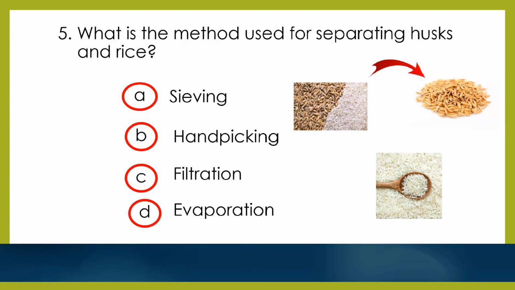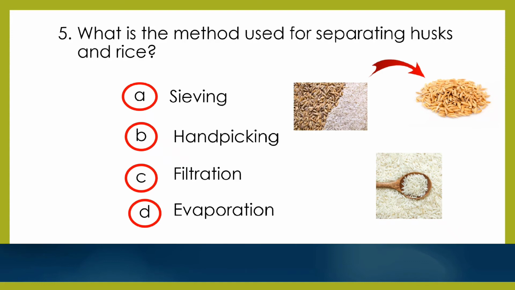We have letter A, sieving. Letter B, hand picking or manual picking. You just use your bare hands to pick the husk. Letter C, filtration. Can you use filtration by using cloth?